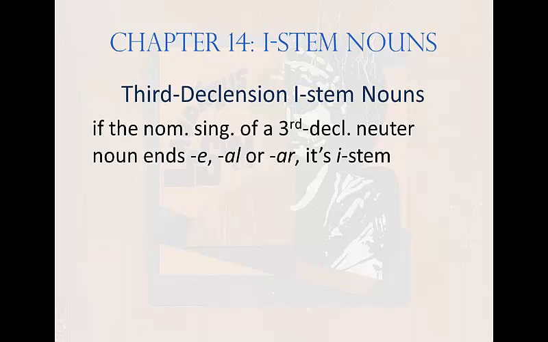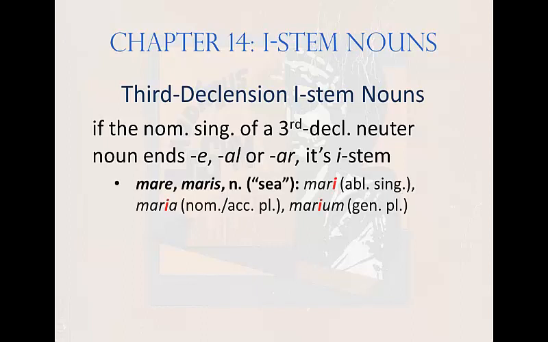It's that simple. So, for example, mare, maris, the Latin word for sea, as in ocean, is I stem, meaning that its ablative singular will be mari, its neuter nominative and accusative plural will be maria, and its genitive plural will be marium.